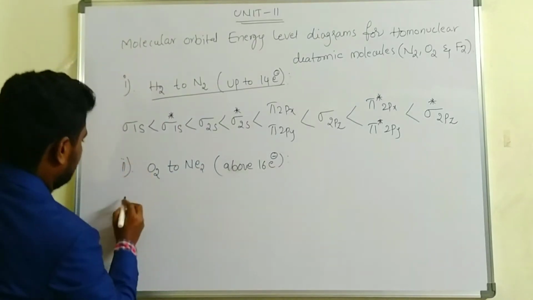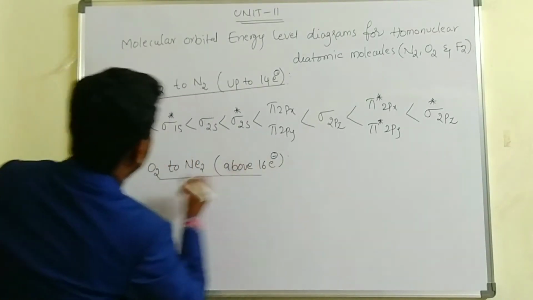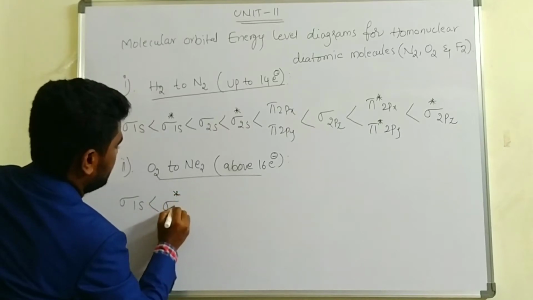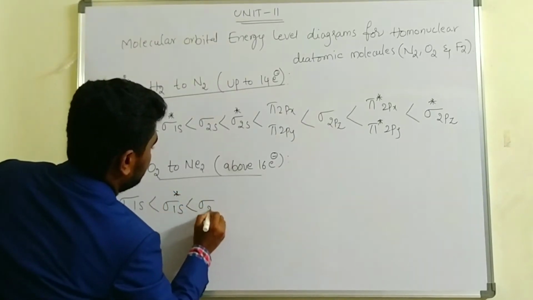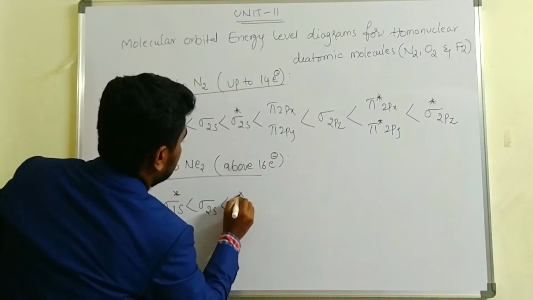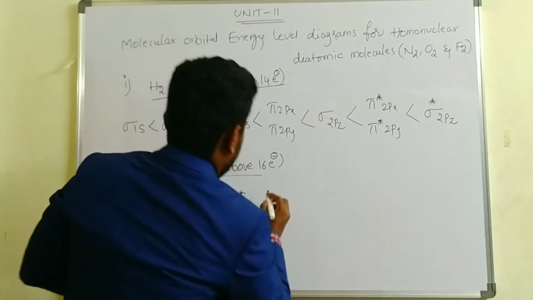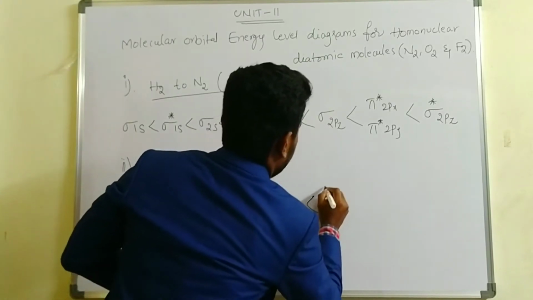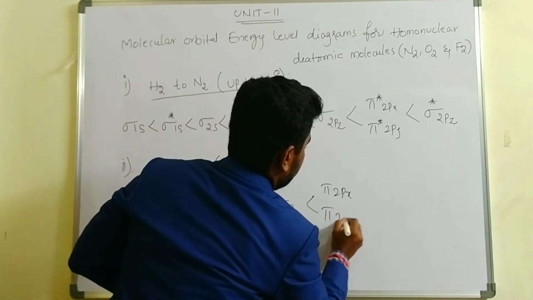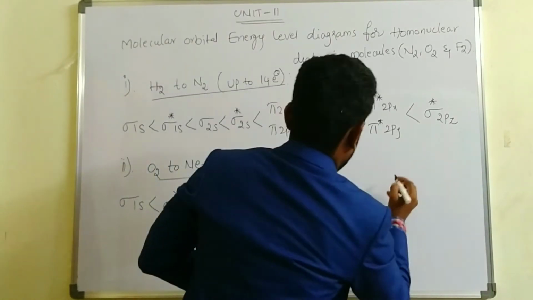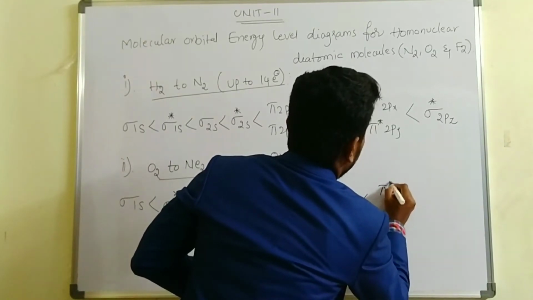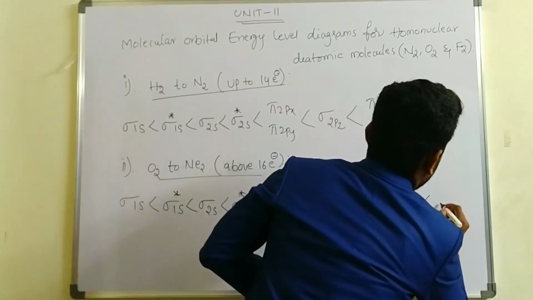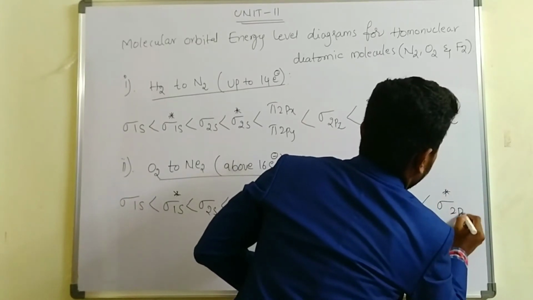Yeah, we'll see. Here sigma 1s is less than sigma star 1s, and sigma 2s is less than sigma star 2s, and sigma 2pz is less than pi 2px, pi 2py, which is also less than pi star 2px, pi star 2py, which is also less than sigma star 2pz.